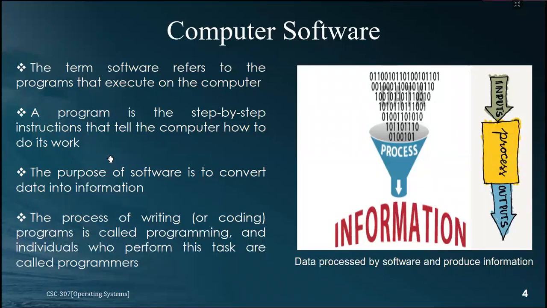Now the question comes: yes, I know that programs are step-by-step instructions that tell the computer how to do its work, and in a C, C++ or Java course, you're learning how to use programs to communicate with the computer, to make the computer do something for you. Then the question is why we want to use the computer to do something for us.